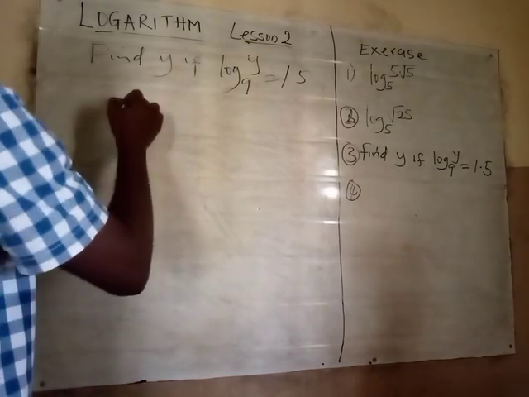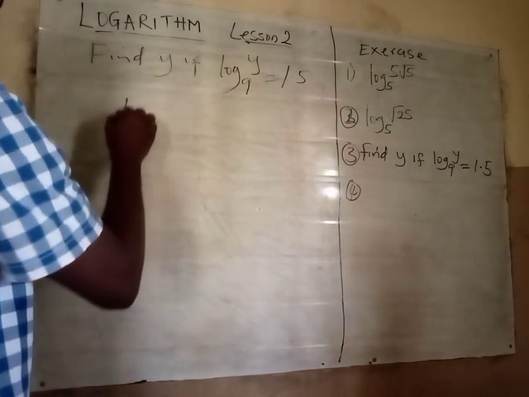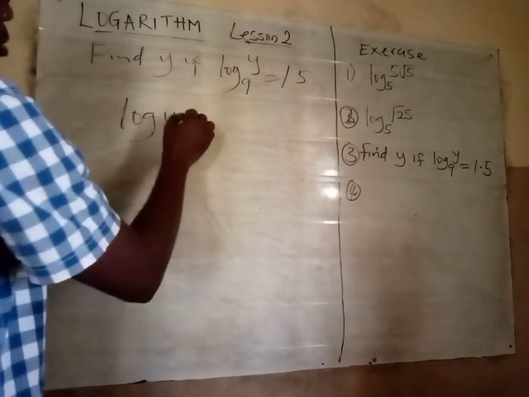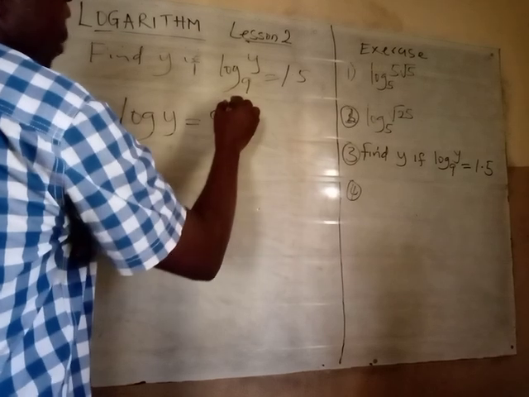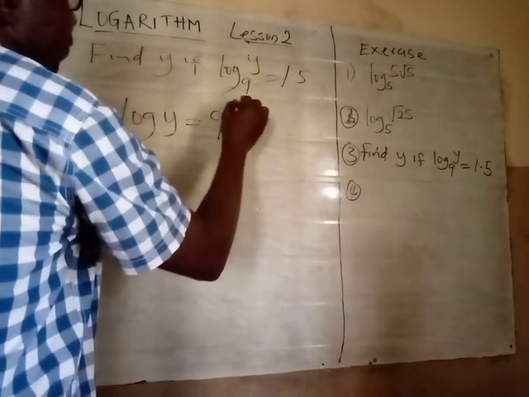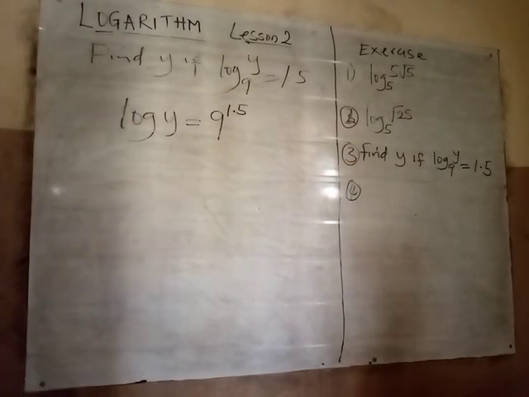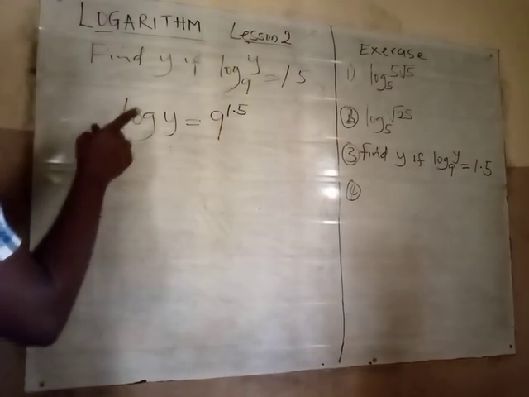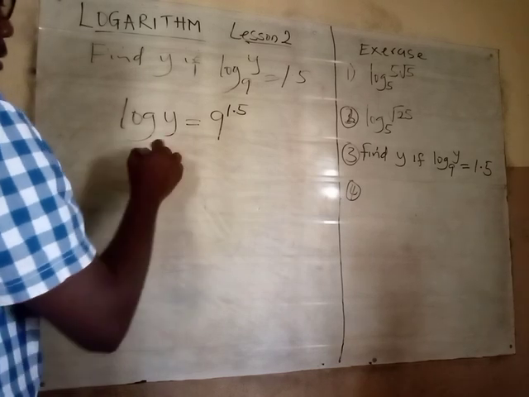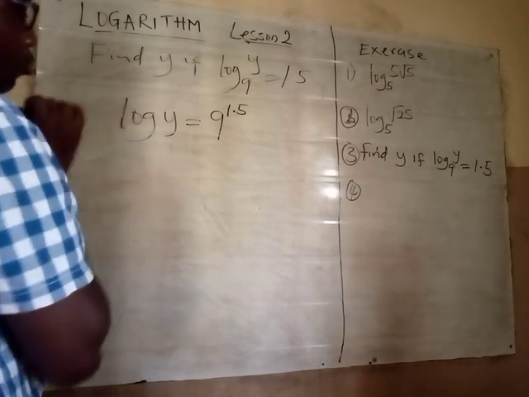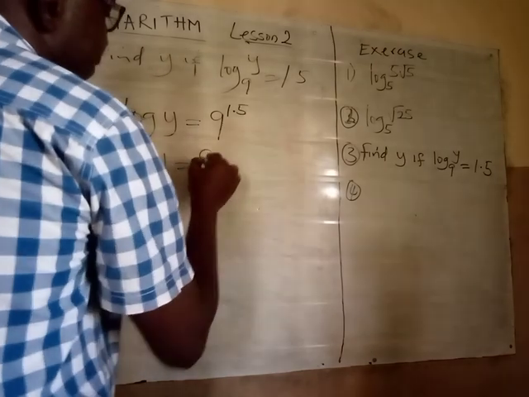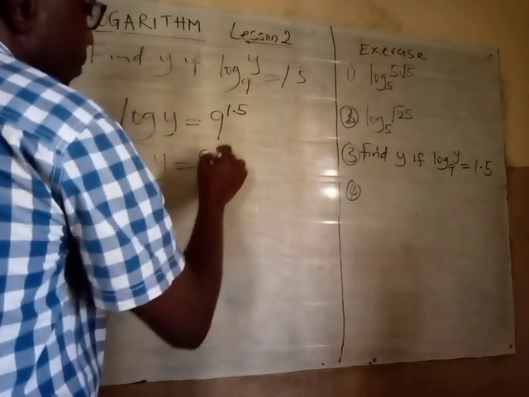It becomes y equals 9 raised to power 1.5. So whatever you solve out is y. Immediately you raise this to power 9, the log has no base again. So y will be equal to 9 raised to power 1.5.